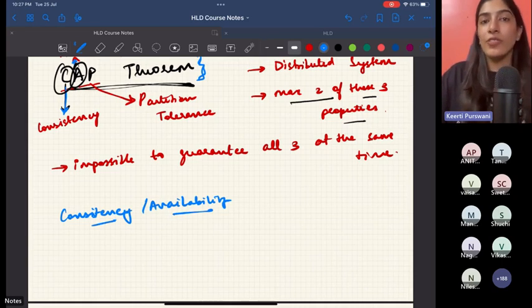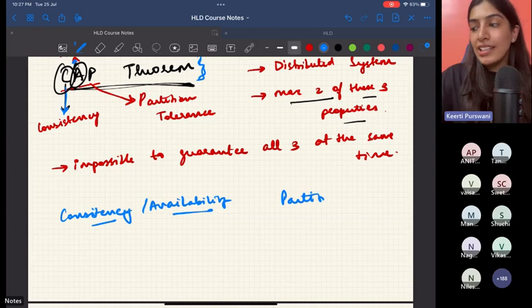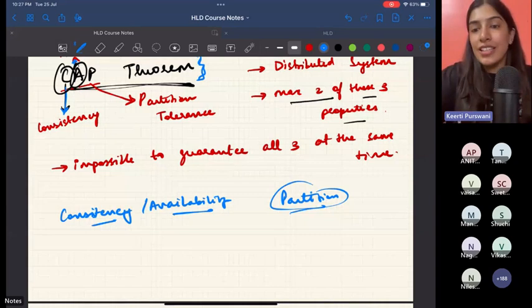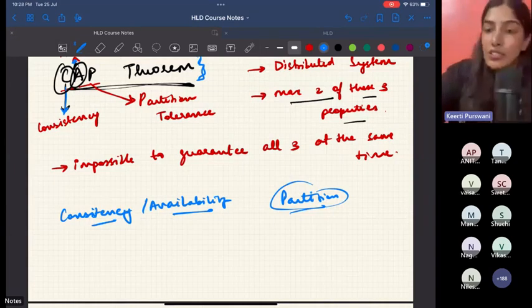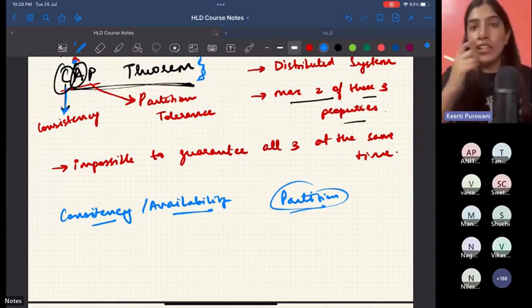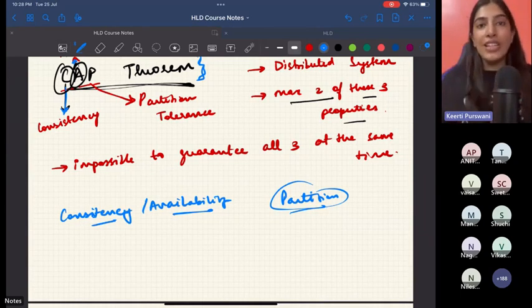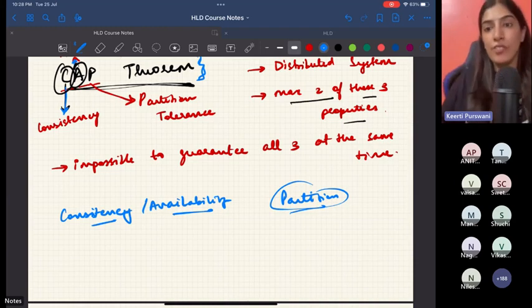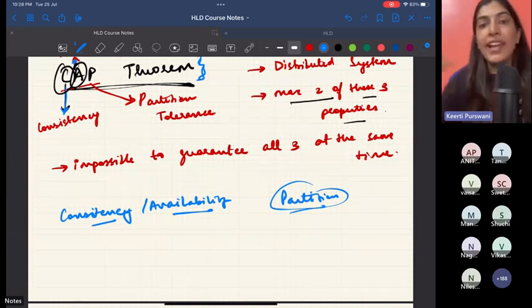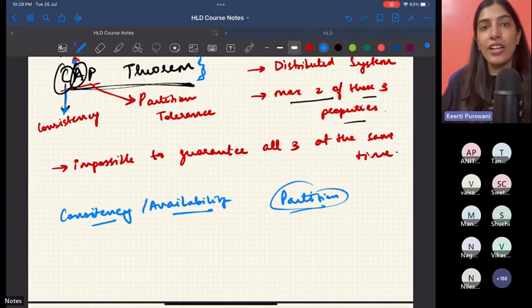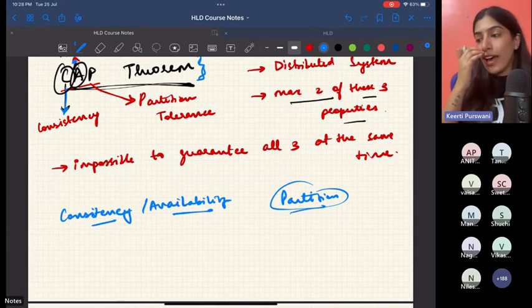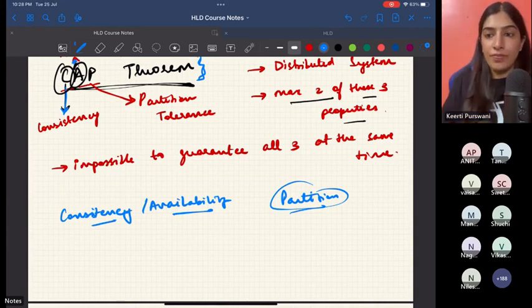You can have only one of the two, because partition is going to happen in a distributed system. That is not in our control. It is a network failure, and it can also happen because of network congestion. We cannot completely avoid it. So you will have to prioritize one of them. Obviously, you would want it as consistent and as available as possible, but you have to prioritize one.